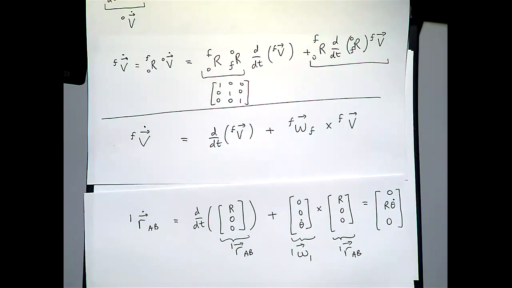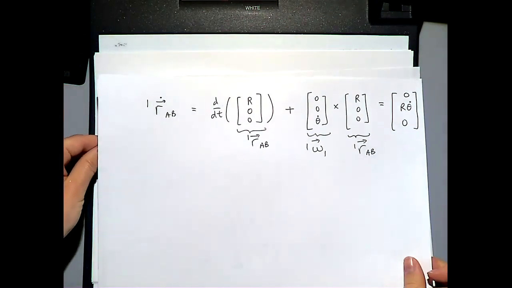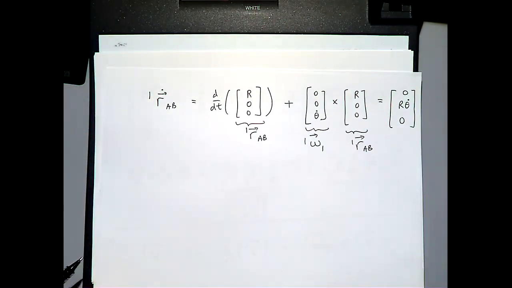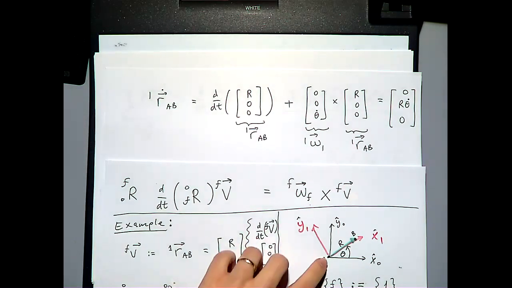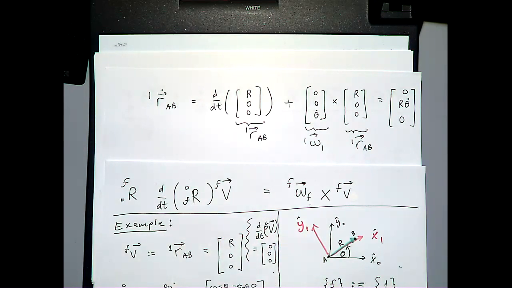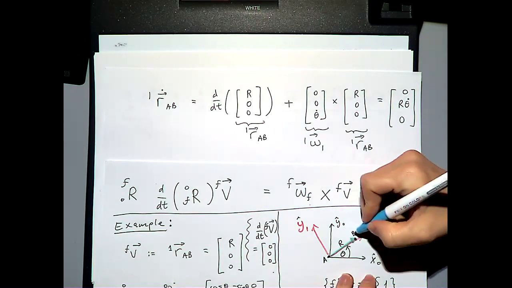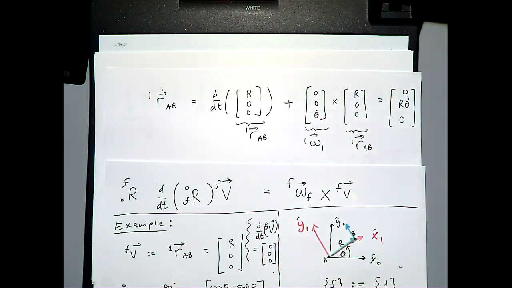Okay, going back to the drawing. This is the y1 direction. So this would be the vector of the velocity.